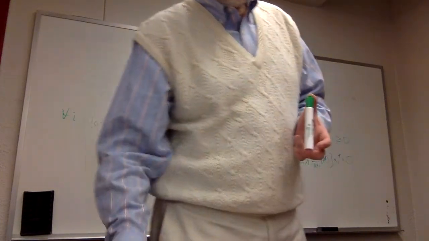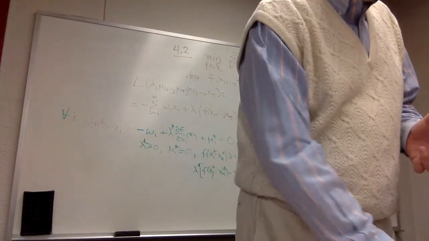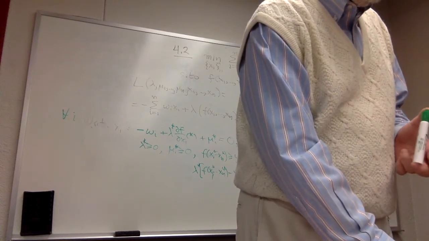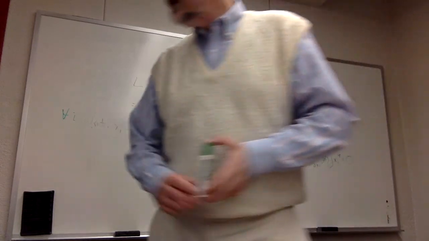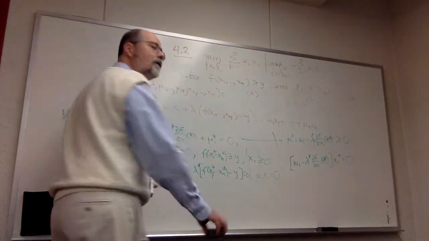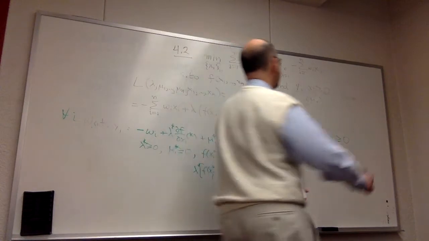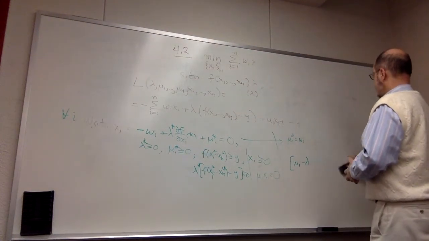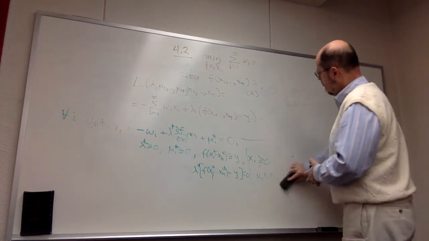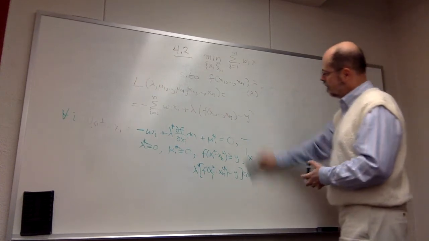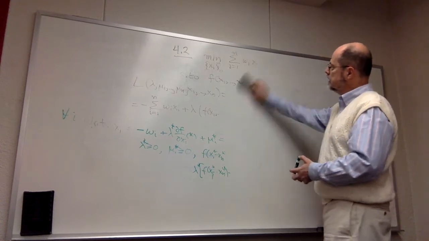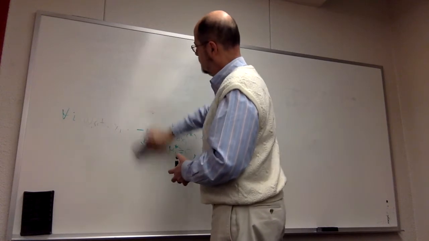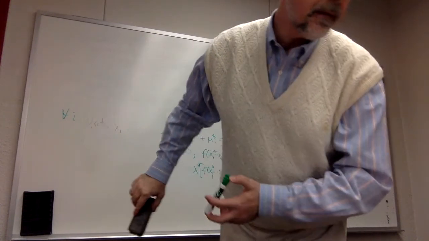Now, the next one is 4.4. Let's see how much I'm going to say about that. I'll ask you some questions to see if you can get it started yourselves. So here we have a firm that has two production plants with different production functions, right?